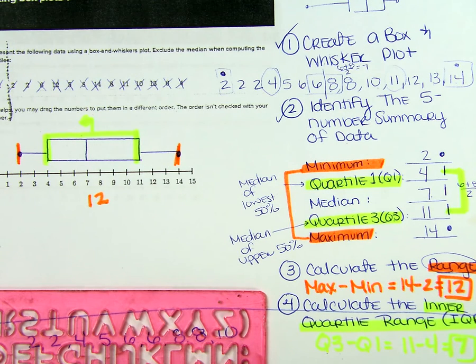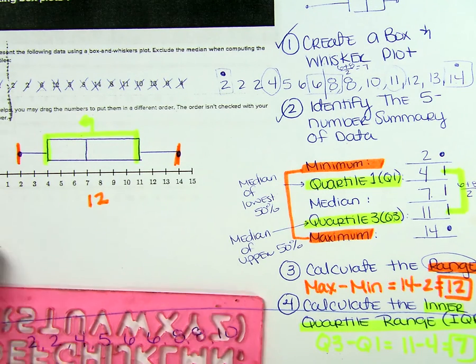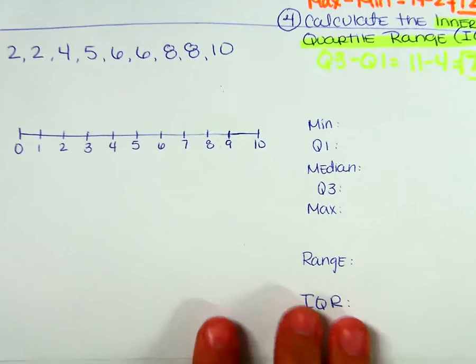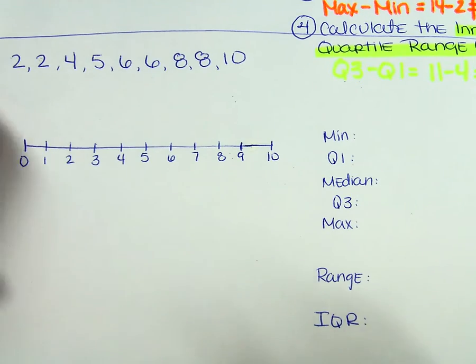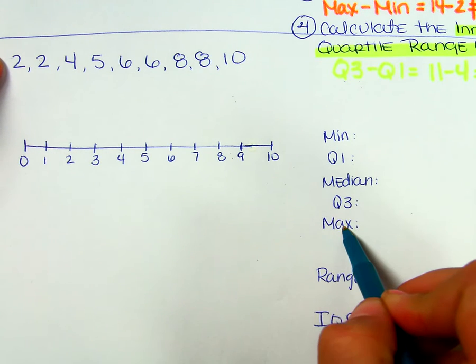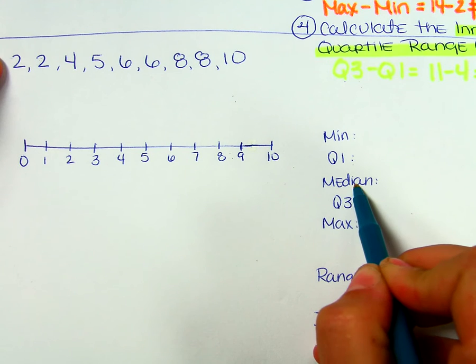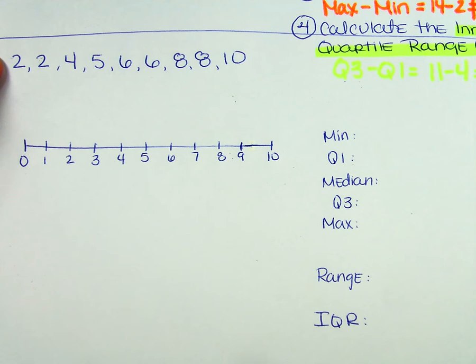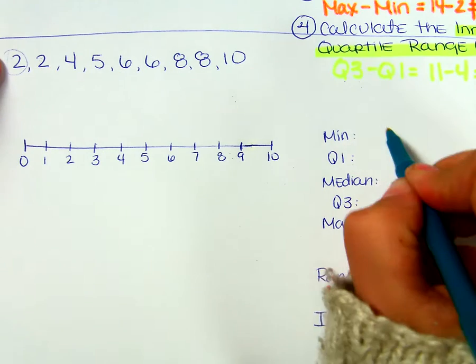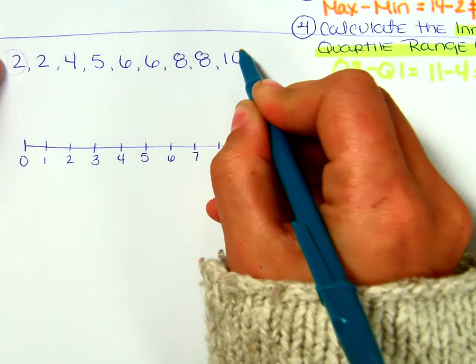We're going to do that one more time, just with a new set of data. So I'll zoom in a little bit here. This data is already in order from least to greatest. We're going to find our minimum, our maximum, our median, quartile 1 and quartile 3. So the minimum value is 2. Maximum value is 10.